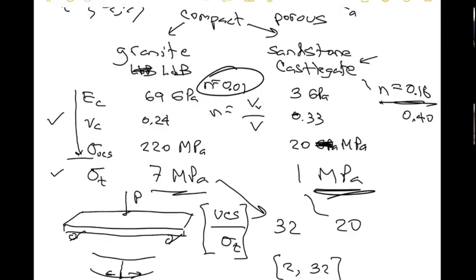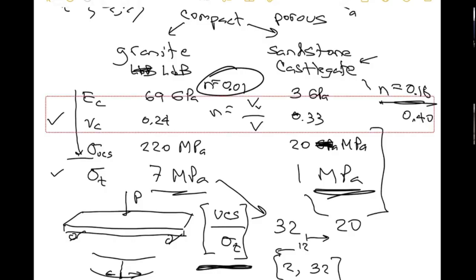When you get above, say, 12, they talk about hard, brittle rock. If you're on the other side, they talk about soft and more compliant. And you can see how even this sandstone is still pretty brittle and hard. But this is an important parameter to characterize rock.